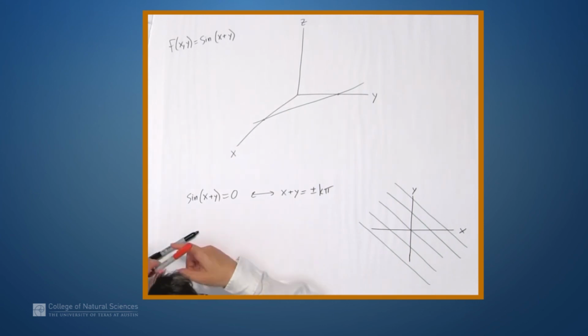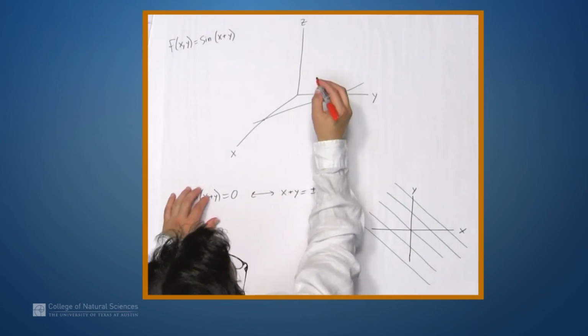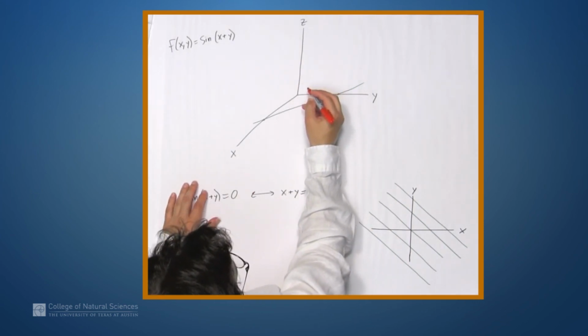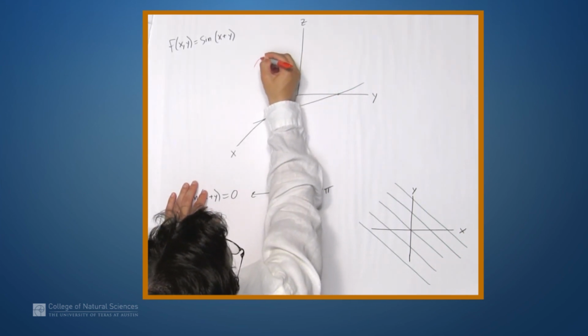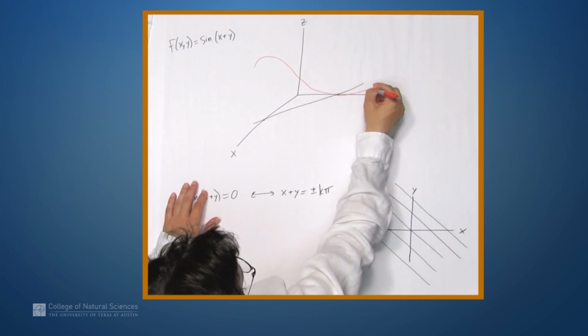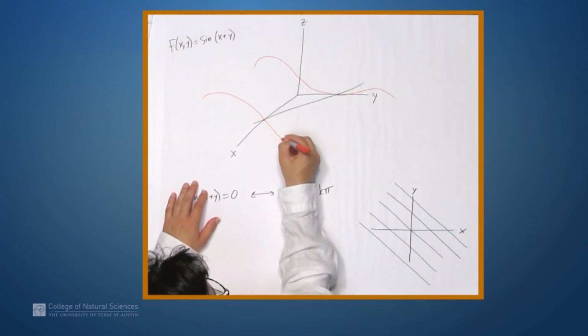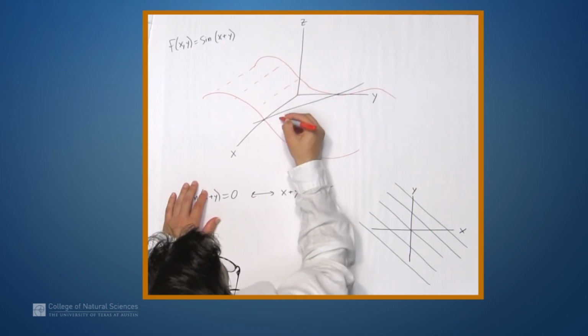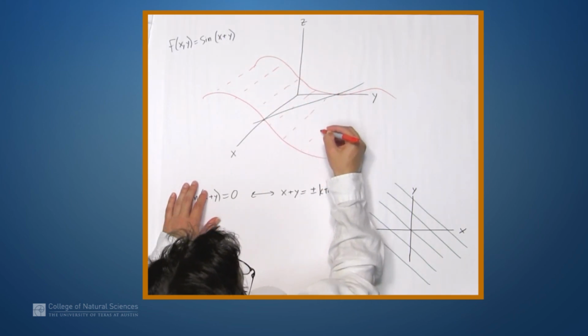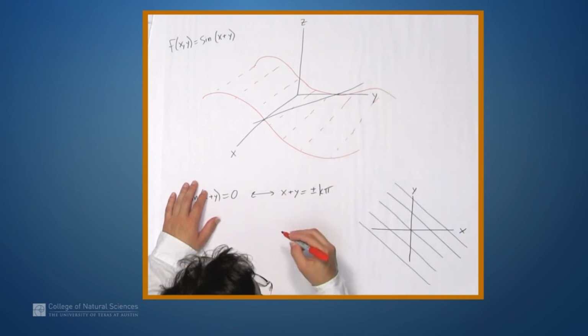So I'm going to try to draw this, give you a rough idea of what it looks like. We know that it's going to ripple something like this, something like this. And these dotted lines are supposed to indicate that this thing is a surface.